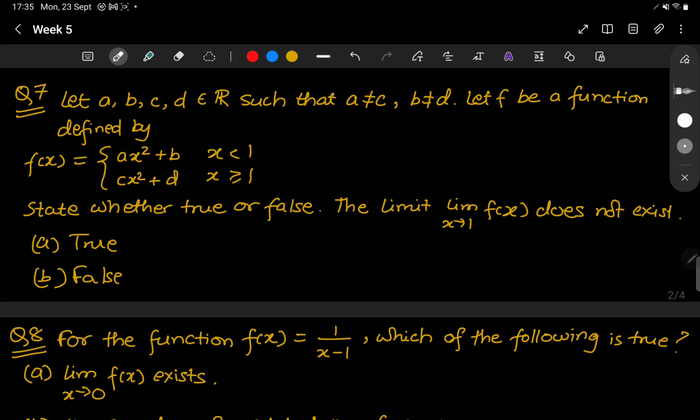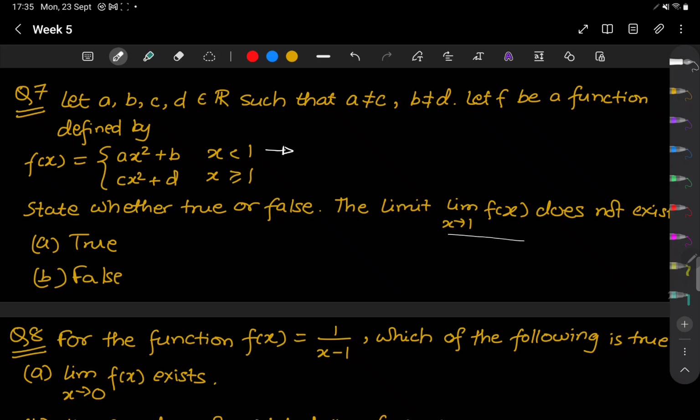Okay, so let us discuss. Here it's a piecewise function, so let us look at the limit as x tends to 1 of f(x). Putting x equals 1 in this segment gives a plus b, and x equals 1 in the other segment gives c plus d. Now a is not equal to c and b is not equal to d, hence these are not equal.